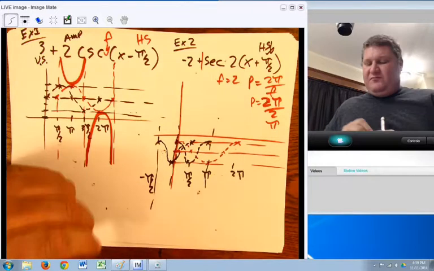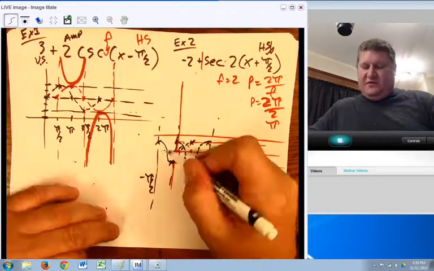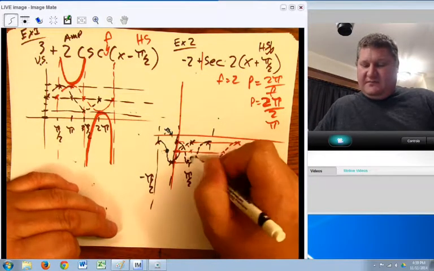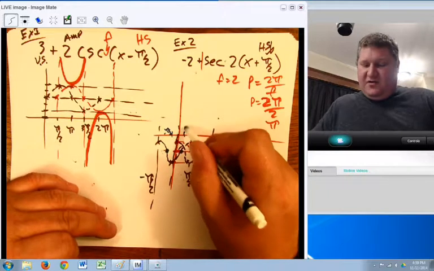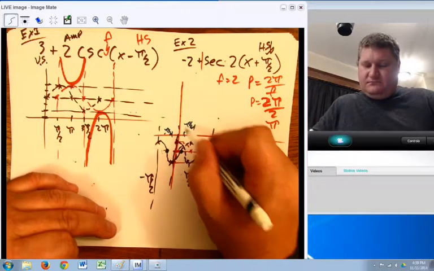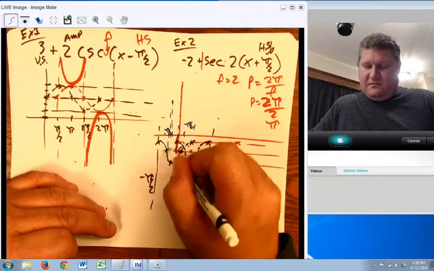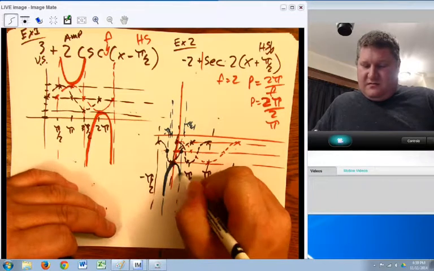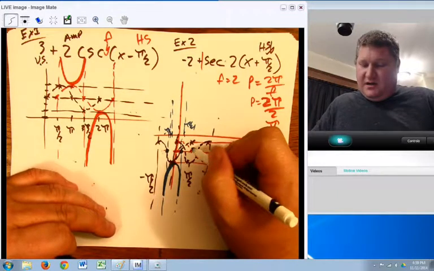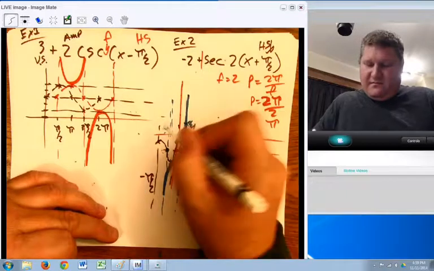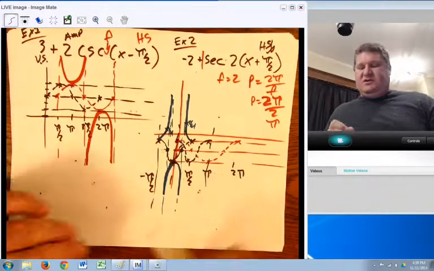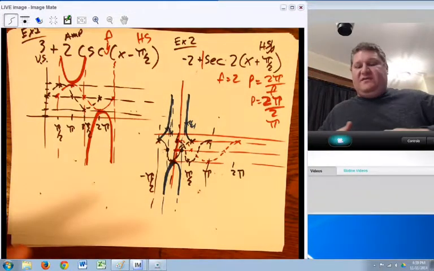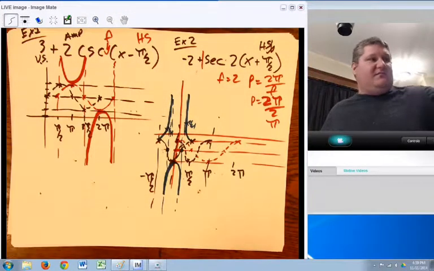And at this point we can finally draw in our asymptotes at negative pi over 4 and positive pi over 4, and there we go. Looks just like that. So, a lot of drawing, but nothing that terribly difficult. All right, take a look from there.